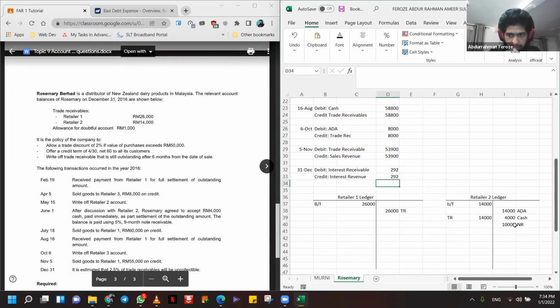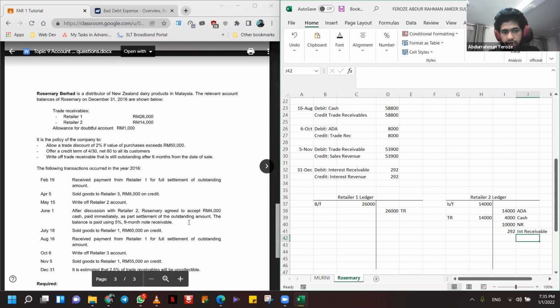We can add that over here to the amount that they owe us at the end of the year. So the amount they owe us would be 292 at the end of the year, interest receivable. This is from the retailer 2 account.